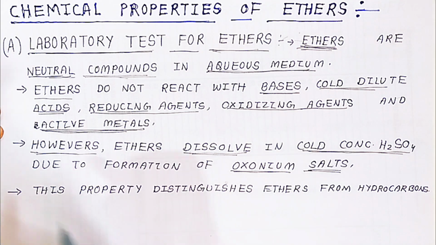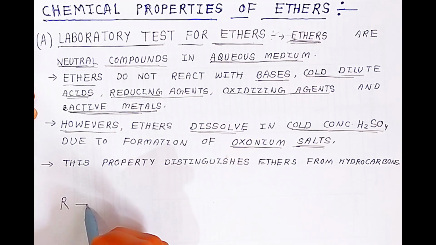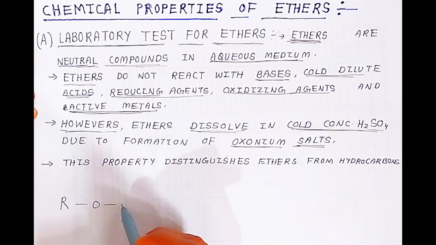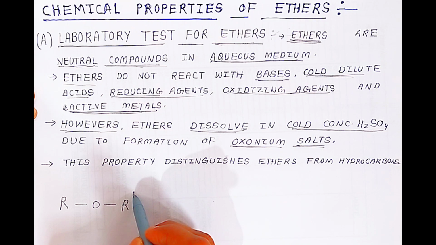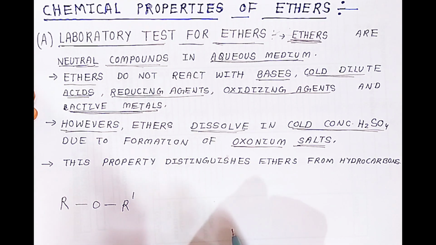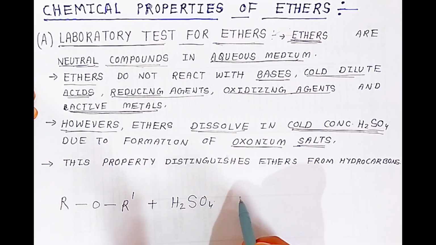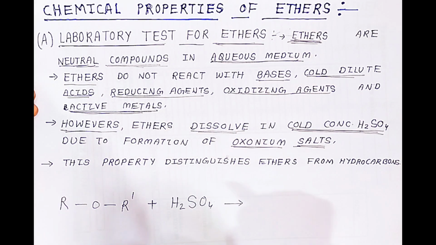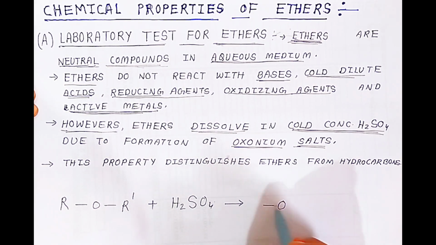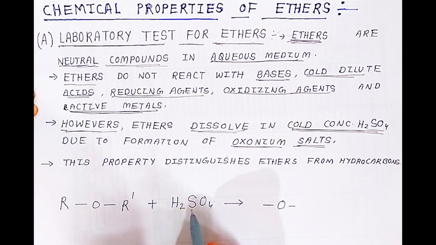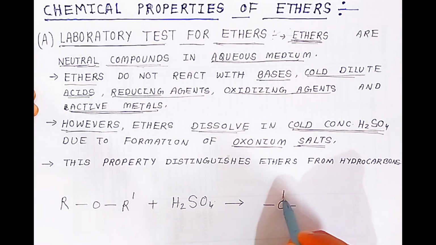Say for example students, I am taking mixed ether. Oxygen has 2 valency, one valency is by alkyl, the other is by another alkyl that I am showing with R dash. Now what happens students when you add cold concentrated sulfuric acid? Oxygen, which is divalent, because of sulfuric acid is going to form a trivalent oxygen like this.